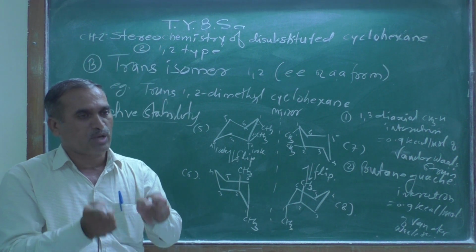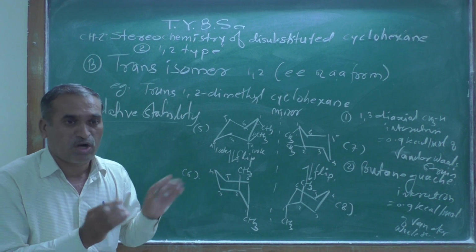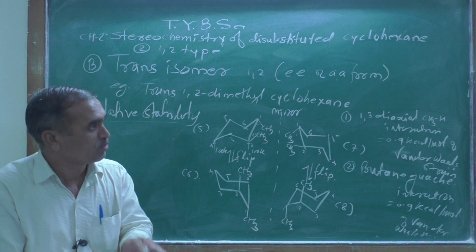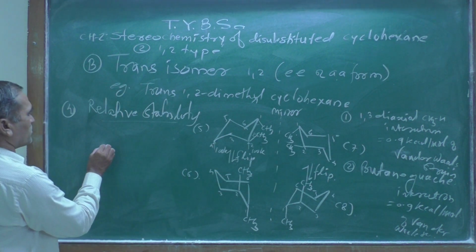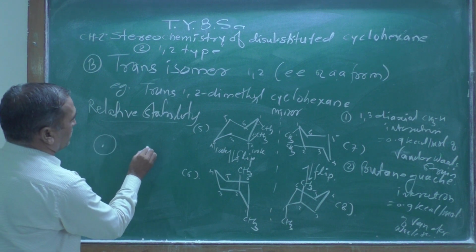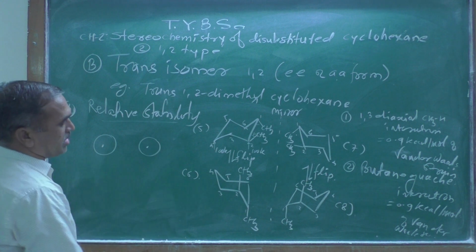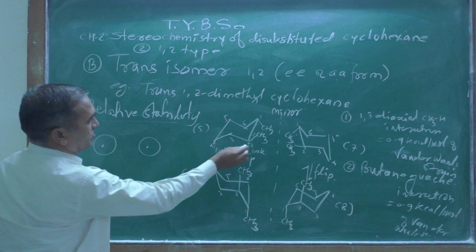These are some of the rules that you already learned in your previous class, in SYBSc. Today we are going to understand what we mean by the butane-gauche interaction, how we are getting it. Let us see here one circle with a point.